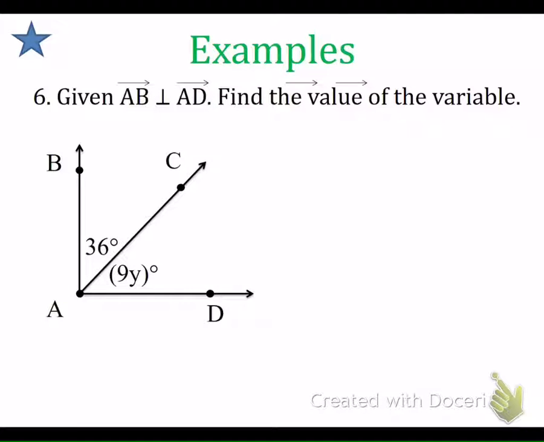All right, this one has a star by it, which makes me a little nervous. Given that ray AB is perpendicular to ray AD, find the value of the variable. So what should I do? 36 plus 9y equals 90.